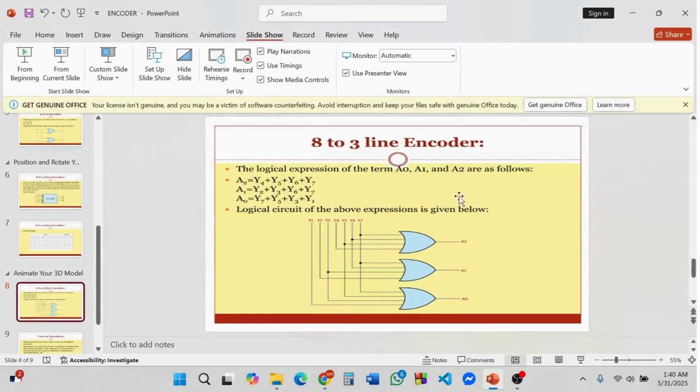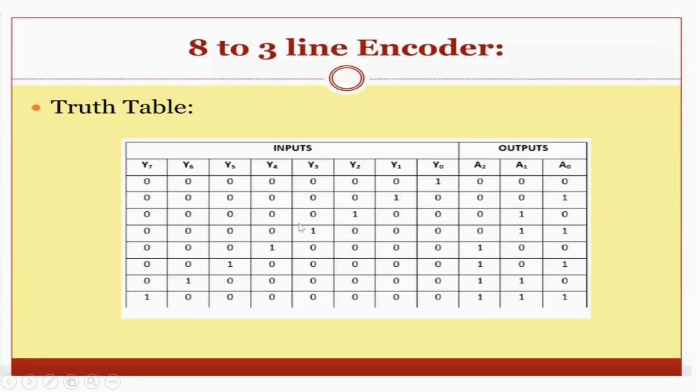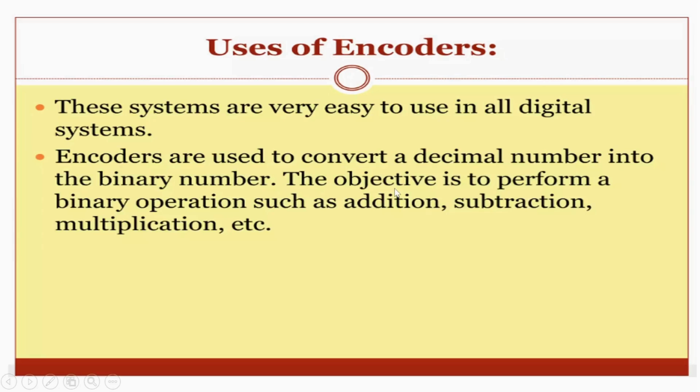So there are some uses of encoders too. So what are they? We just say that they translate human language into the language that computers understand. This is the main thing basically. But they also perform binary operations such as addition, subtraction, or multiplication. While doing addition, subtraction, multiplication, we give two decimal inputs.